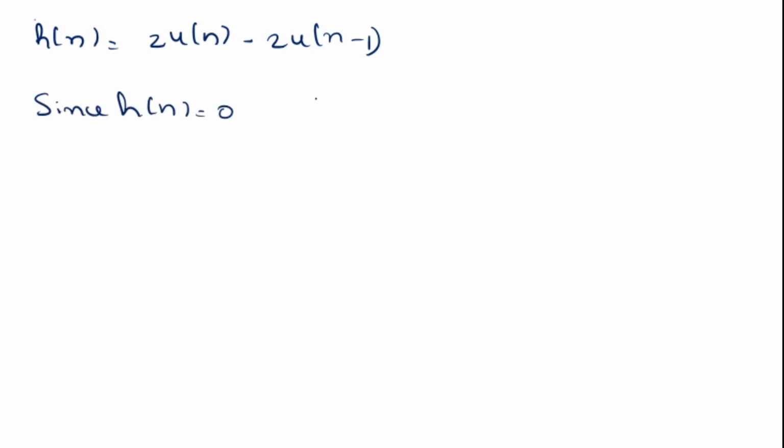h of n is equal to 2 into u of n minus 2 into u of n minus 1. Since h of n is equal to 0 when n not equal to 0, hence the system is memoryless.